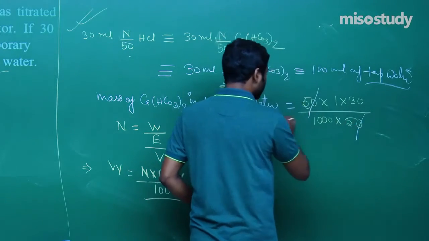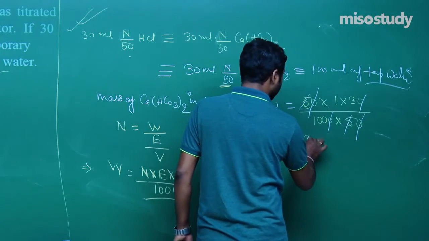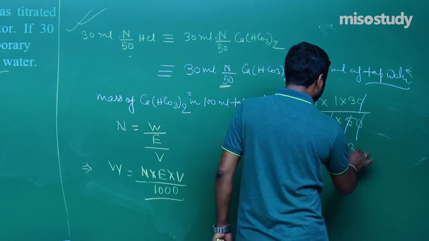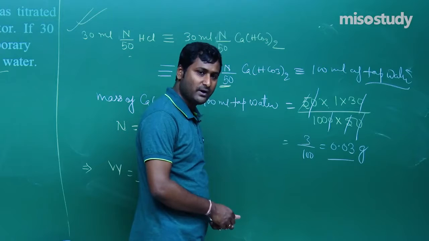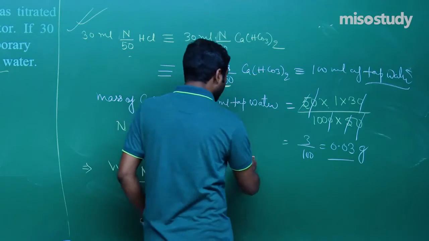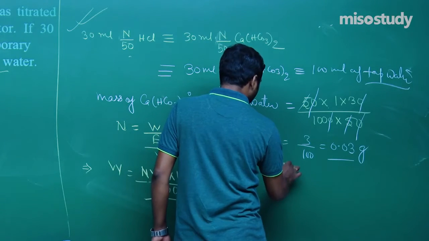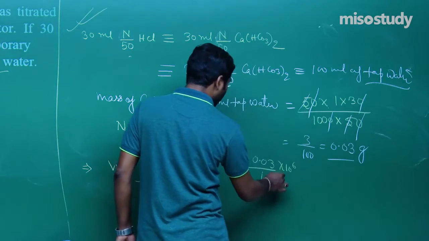Now this will cancel, this will cancel, this one cancels, that is 3 upon 100, that is 0.03 gram. Clear? That is 10 to the power 3. If I talk about 10 to the power 6, then what will happen? That is 0.03 multiplied by 10 to the power 6 divided by 10 to the power 3.